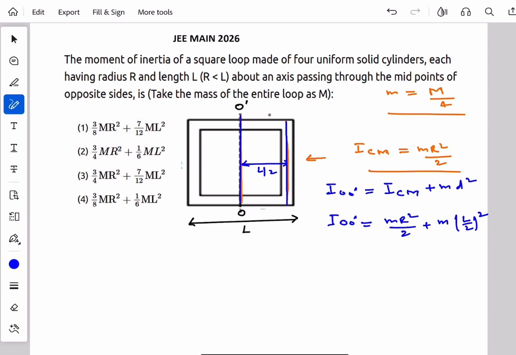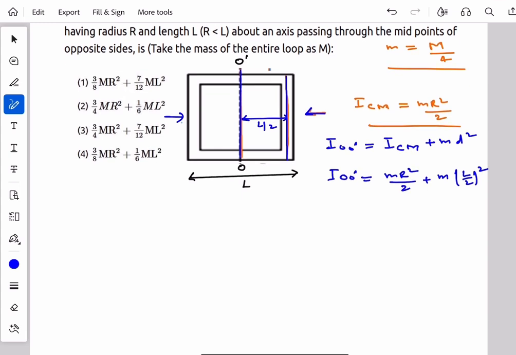Due to symmetry, the two cylinders in the left hand side and the right hand side will have equal moment of inertia about the axis O dash. So total moment of inertia of the two cylinders in the left hand side and the right hand side, let's call it I1, will be equal to twice of moment of inertia of the right hand side cylinder about the axis O dash.